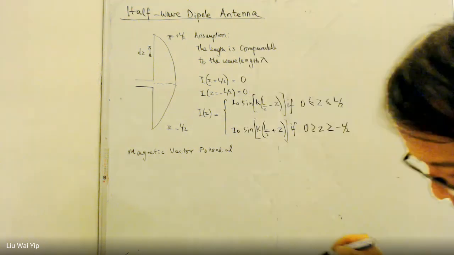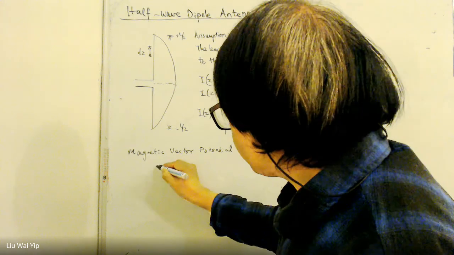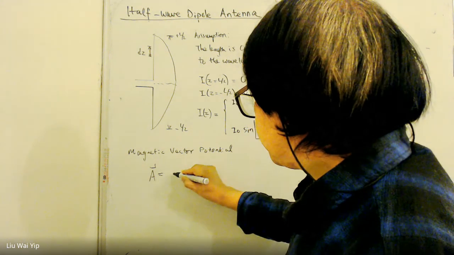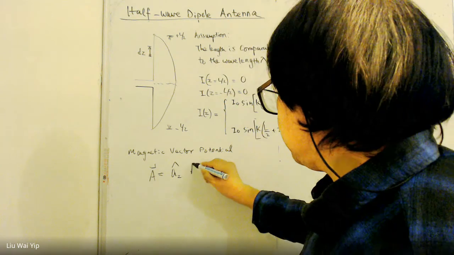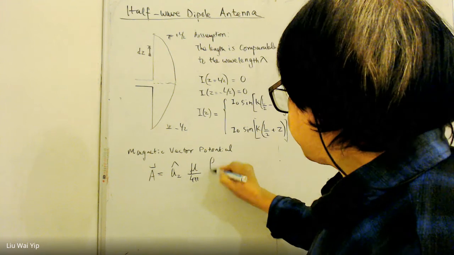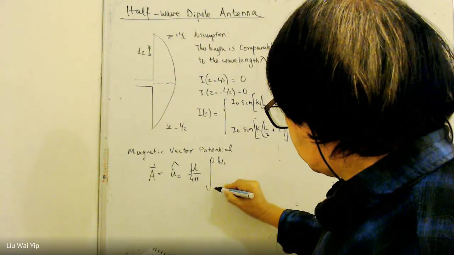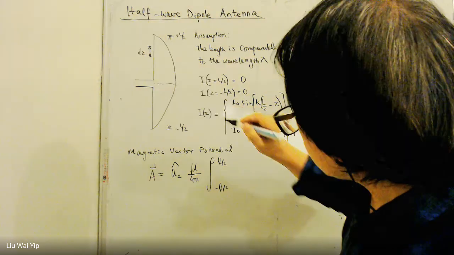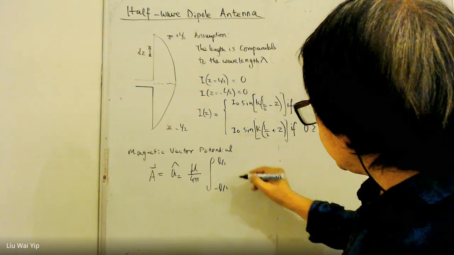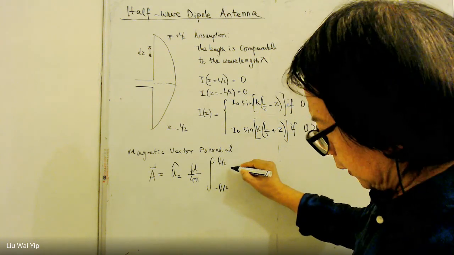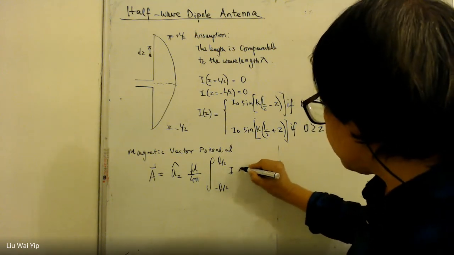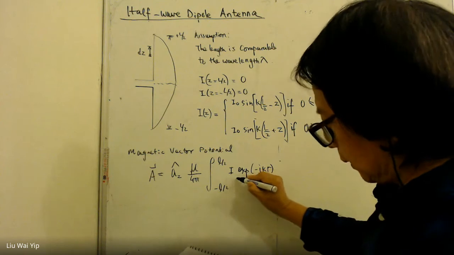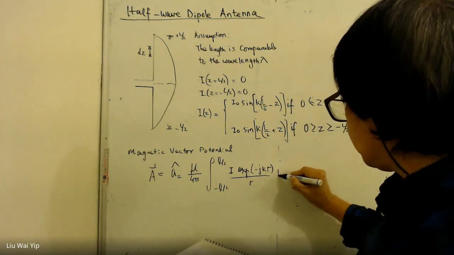From here, we know that the magnetic vector potential is given by A equals mu over 4 pi, the integral from minus L divided by 2 to L divided by 2, where L here represents the length of the Hertzian dipole antenna, of I times exponential minus j k r divided by r, dl.